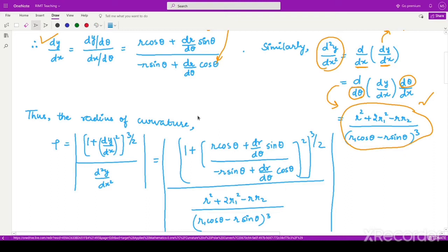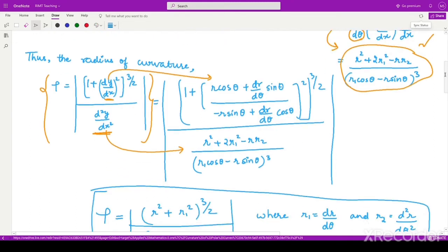So the formula for the radius of curvature when you have a polar curve, for a Cartesian curve it was this one. For polar curves we have evaluated this derivative and this derivative. So I am just substituting this value here and this value here that I have calculated.